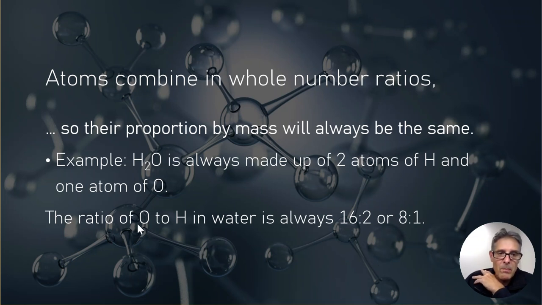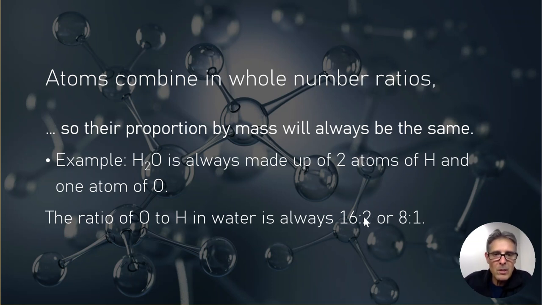So, for example, the ratio of oxygen to hydrogen in water is always 16 to 2. Now that 16 to 2 number comes from the fact that if you look up oxygen in the periodic chart of the elements, oxygen has an atomic mass of 16. And because there are 2 hydrogens, and each of those hydrogens has an atomic mass of 1.01, we end up with the equivalent of 2.